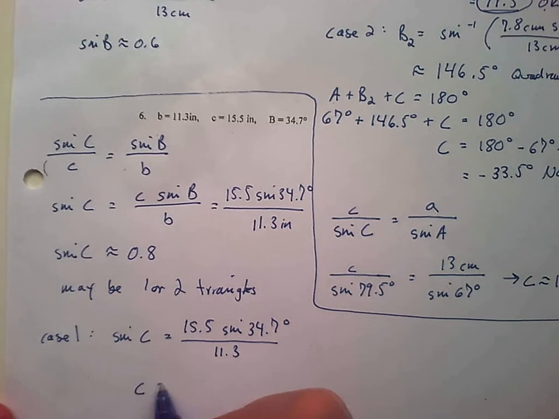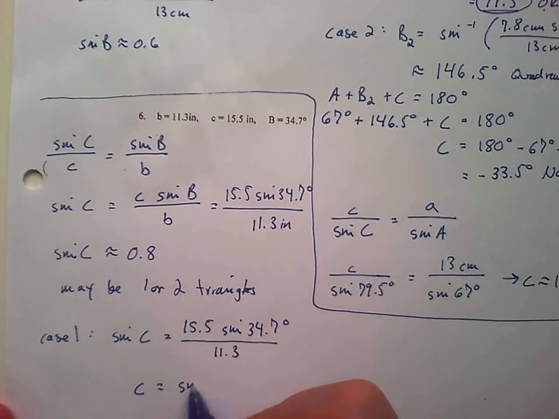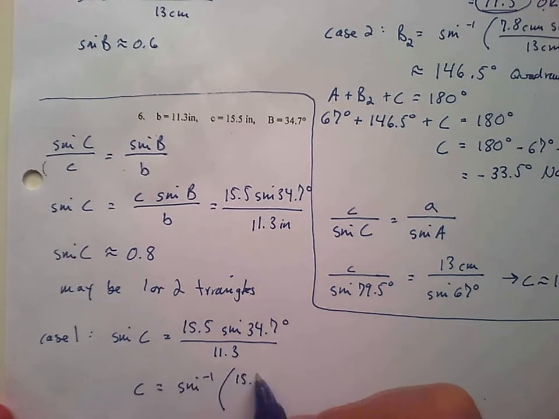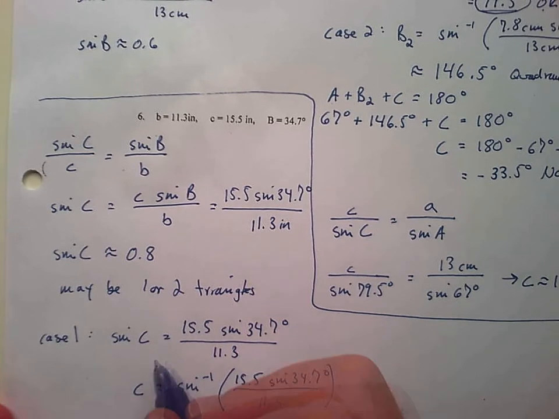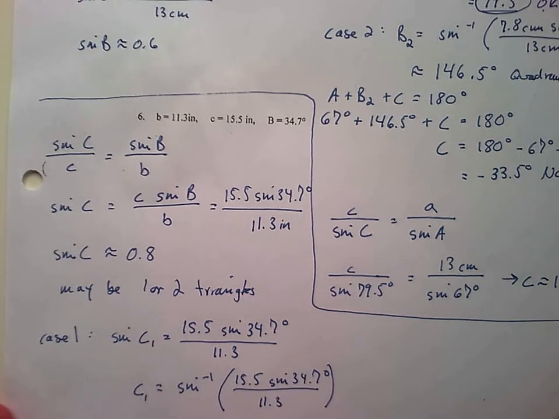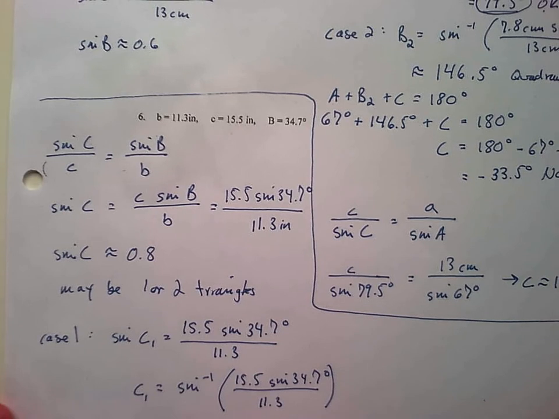If we take the inverse sine of both sides, we'll get this. So therefore, here C, and we'll call this C1, is going to be approximately 51.3 degrees.